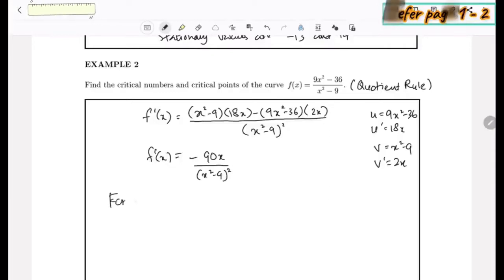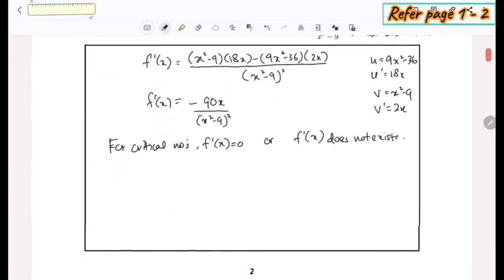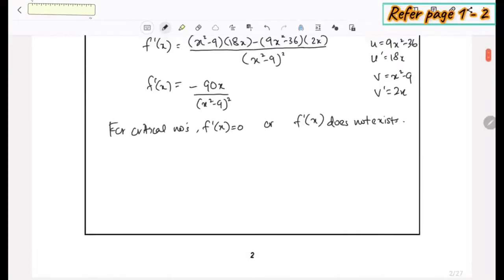For critical numbers, we have f prime x equals 0 or f prime x does not exist. Negative 90x equals 0, so you will get x equals 0.